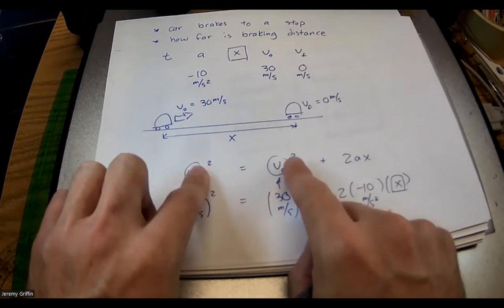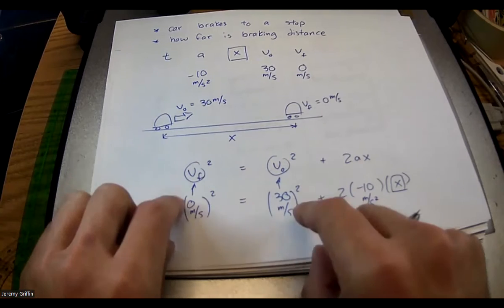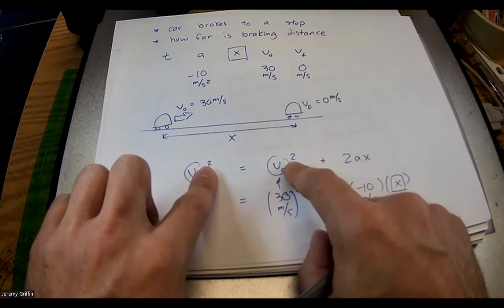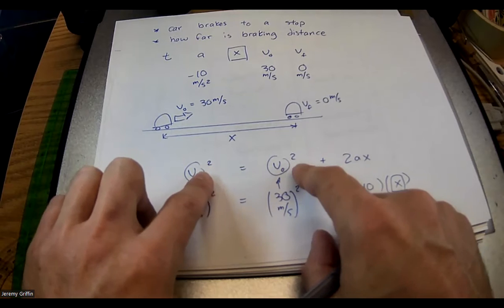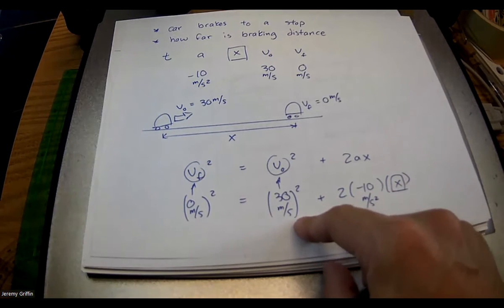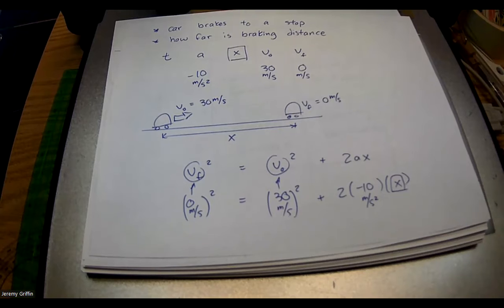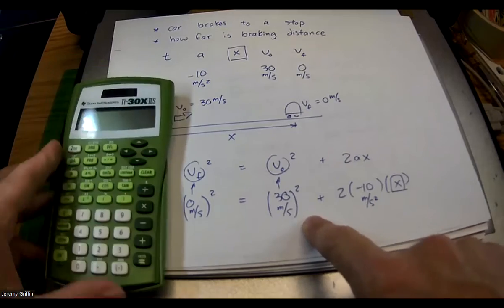Suppose one of these velocities was negative, would you lose that information by squaring it? Yes, because anytime you square something, you lose the negative information. Every once in a while, that'll run you into trouble. It's a really rare thing to happen, but be aware of it in the back of your mind.